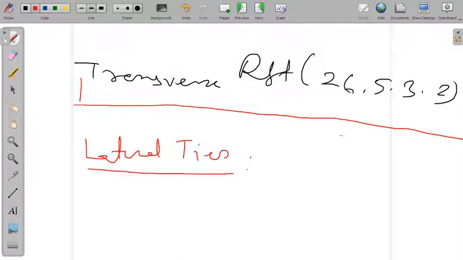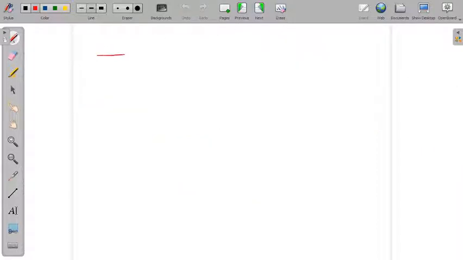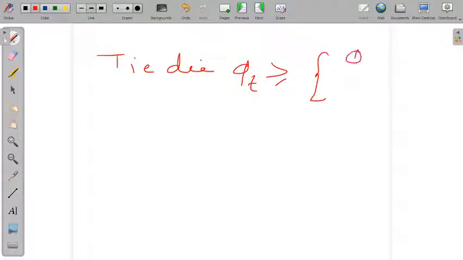The guideline for lateral ties is saying that the tie diameter, generally denoted by phi t, must be greater than or equal to phi long max by 4 or 6 mm, whichever is higher.